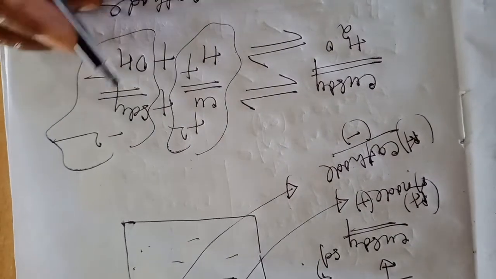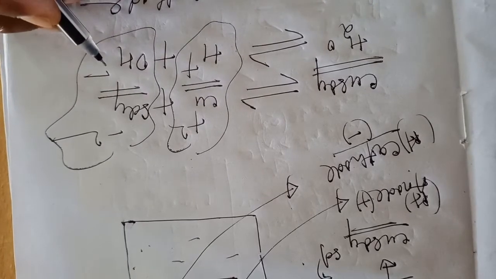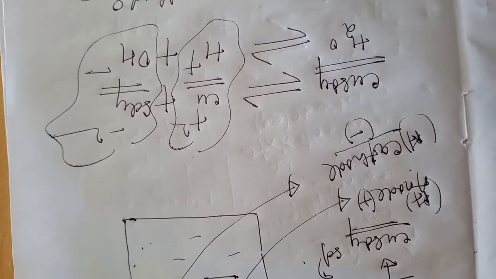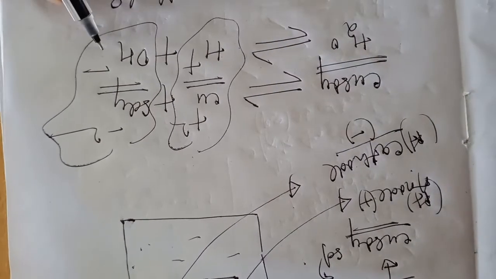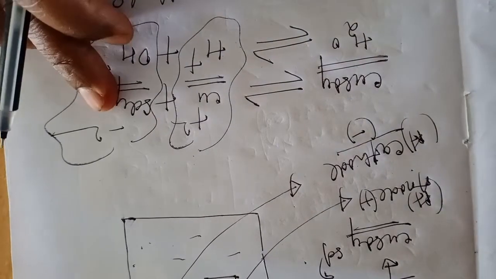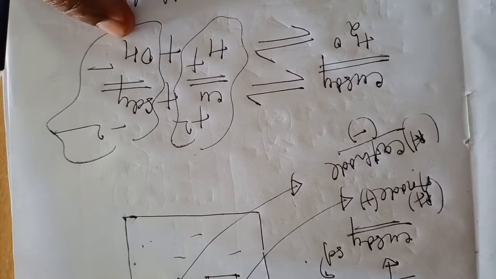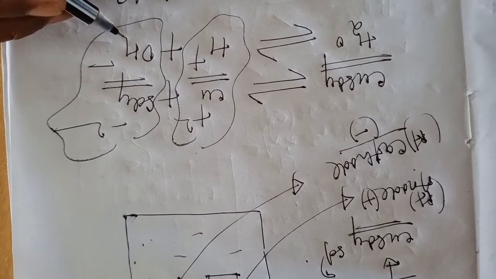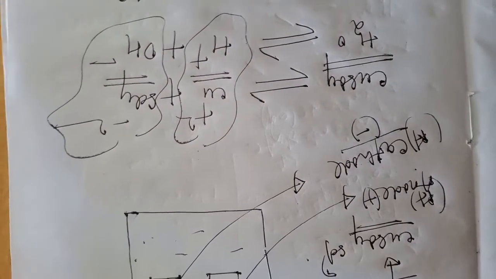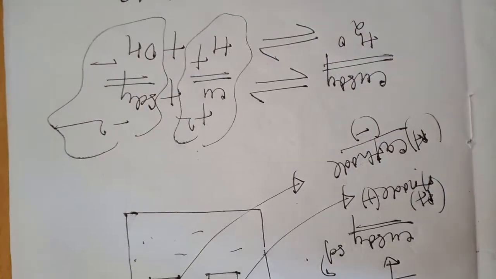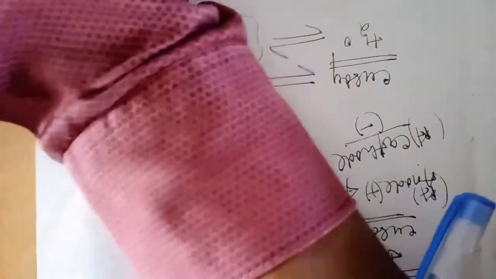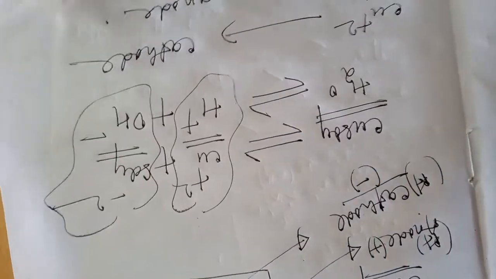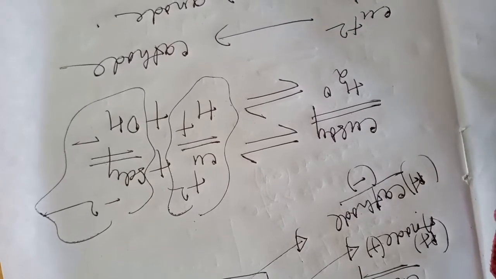And between the two anions, SO4 minus 2 and OH minus, OH minus has lower discharge potential, so it moves fast towards the anode. So two processes, oxidation and reduction, will be carried out at the two electrodes. First we write at anode.